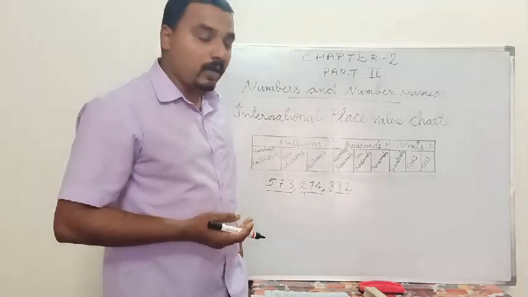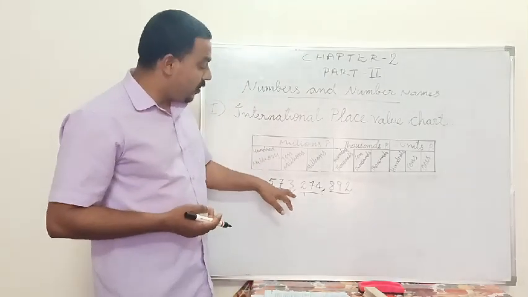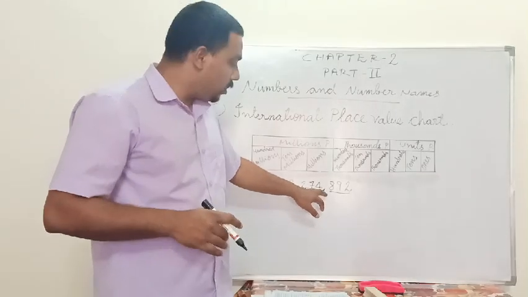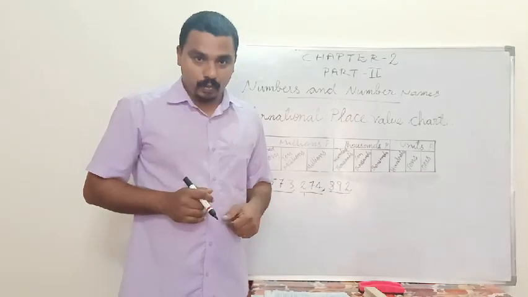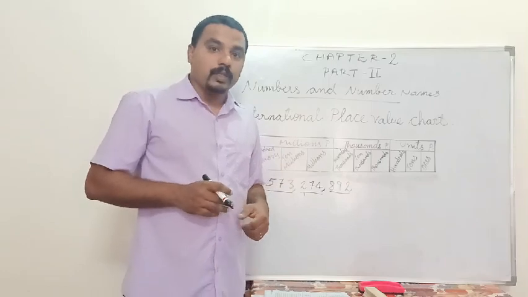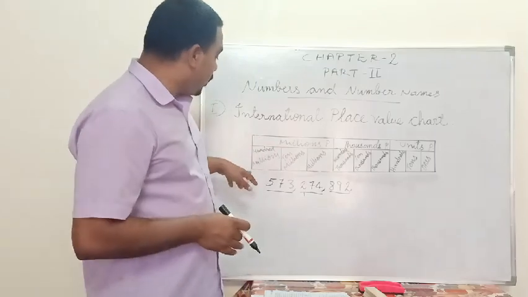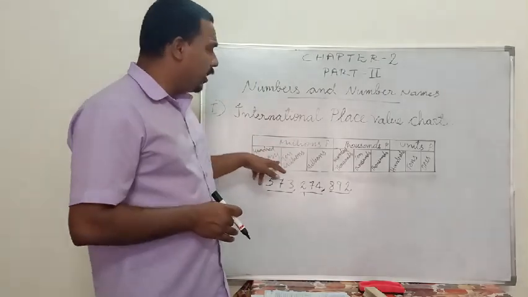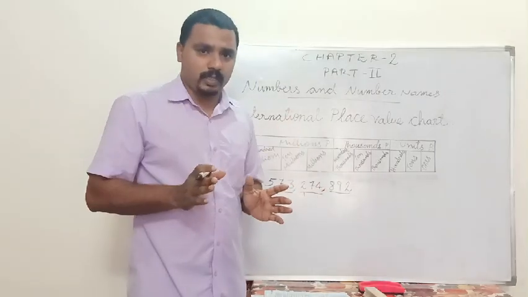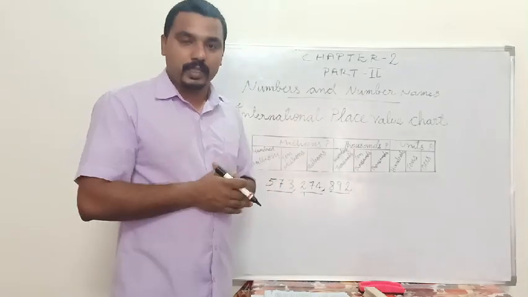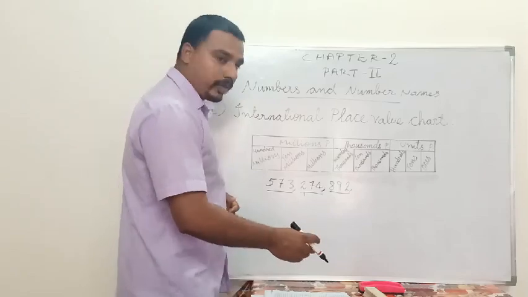Then how to read this number? 573 million, 274,892. Make some more numbers like this, make a place value chart of the international system and place the numbers accordingly, then it will be very easy for you.